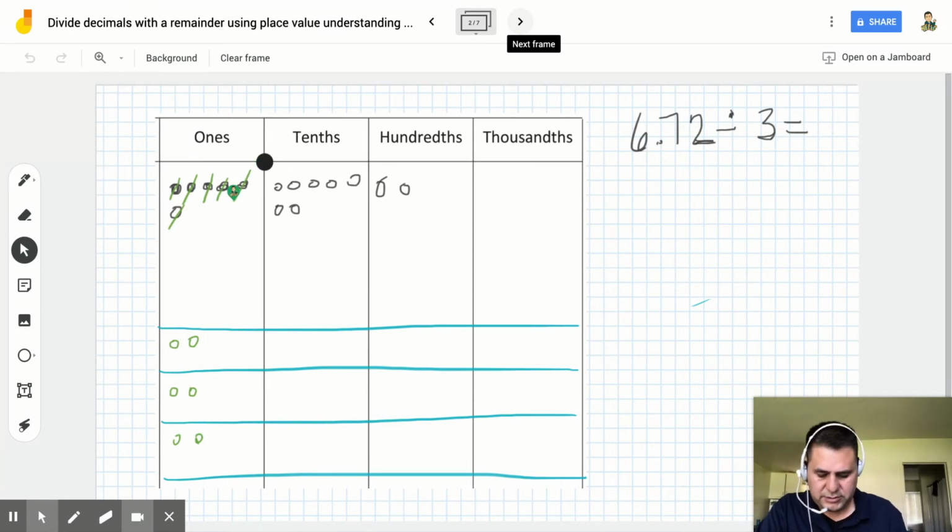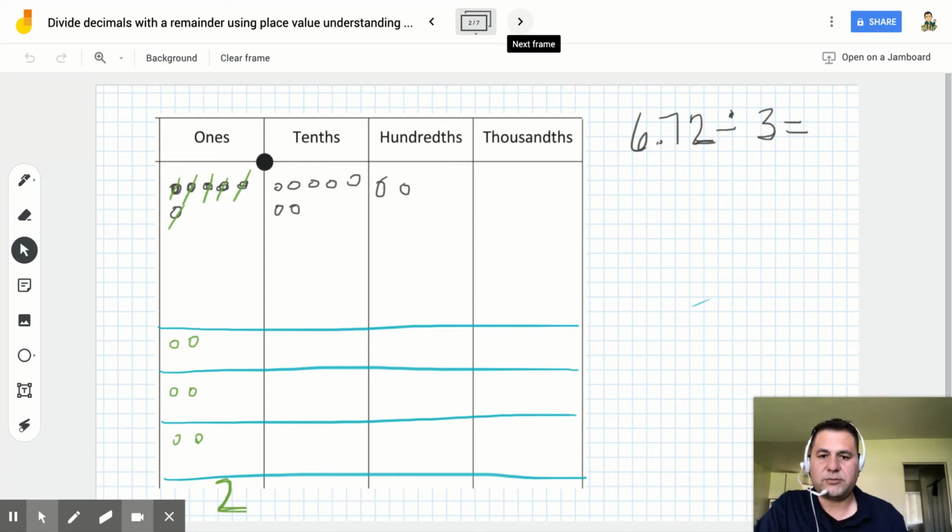In other words, everyone got $2. Let me write it down at the bottom. Everyone gets $2.